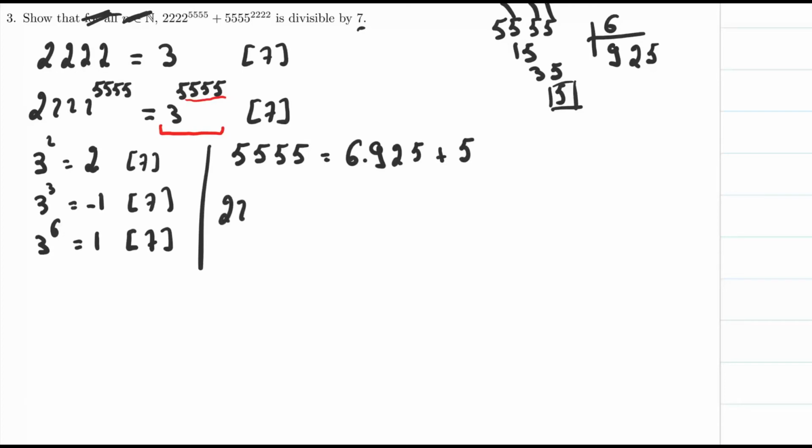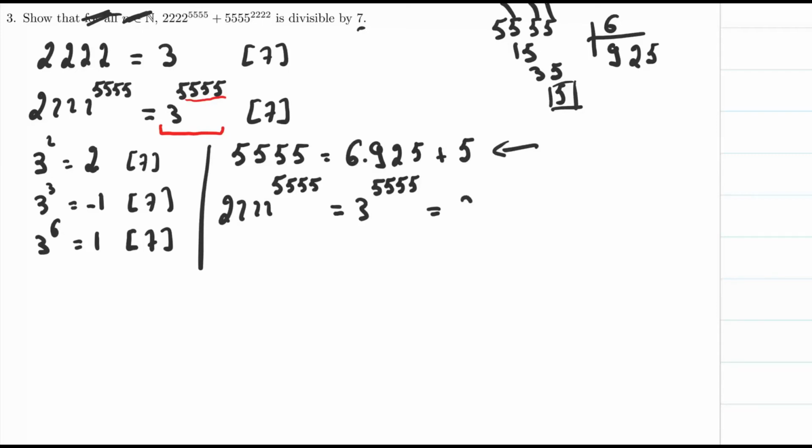So 2222 to the power 5555, we showed it's the same thing as 3 to the power 5555. But this in turn, the 5555, I write it using this expression.